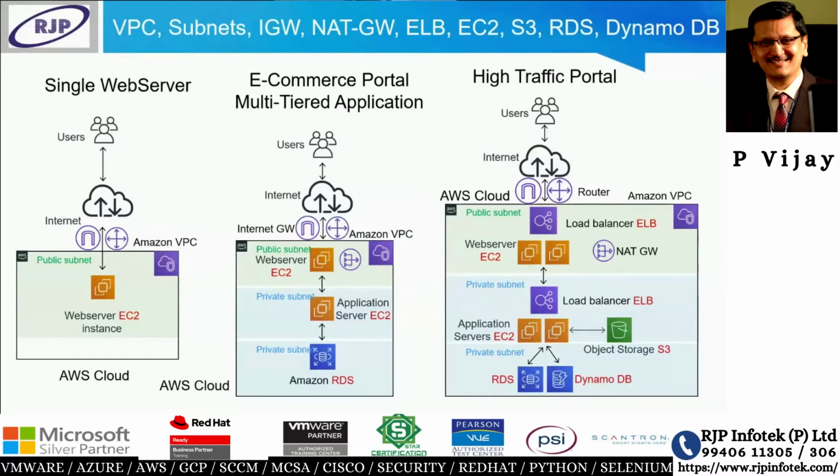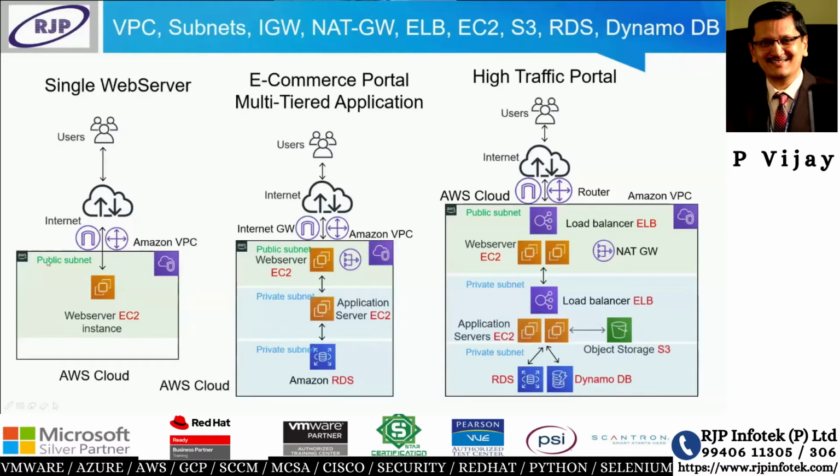As an AWS administrator, I will create my own virtual private cloud in AWS. When I create my virtual private cloud, it allows me to create one or more networks in my private cloud. This private cloud, as the name suggests, is available completely under my control. Nobody has access to it other than me.